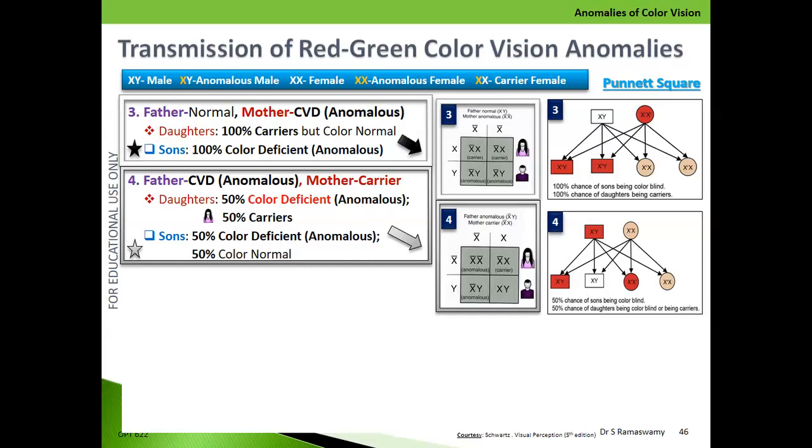However, in case of daughters, they still carry the gene among the 50%. So this daughter is still going to have the gene but will display normal color vision. So if the mother is the carrier of the gene and the father is anomalous, there is going to be a 50% chance that both males and females, that is the sons and daughters, are going to be color deficient or color defective.